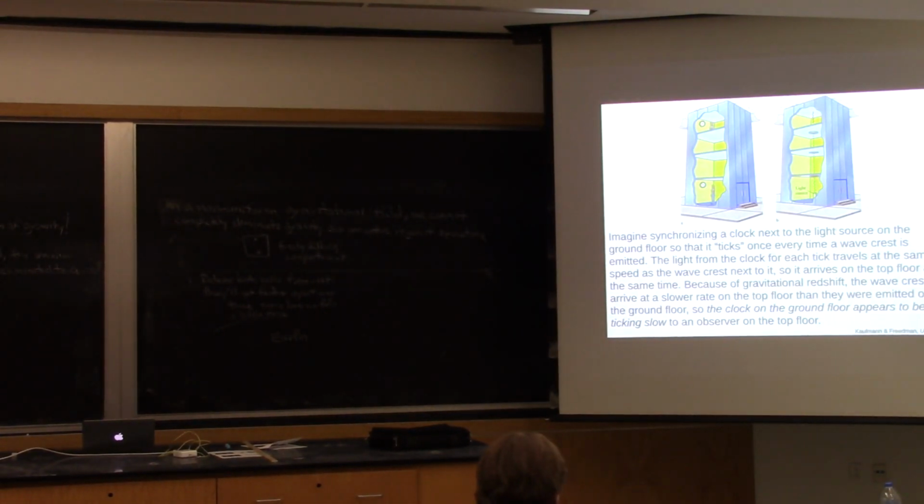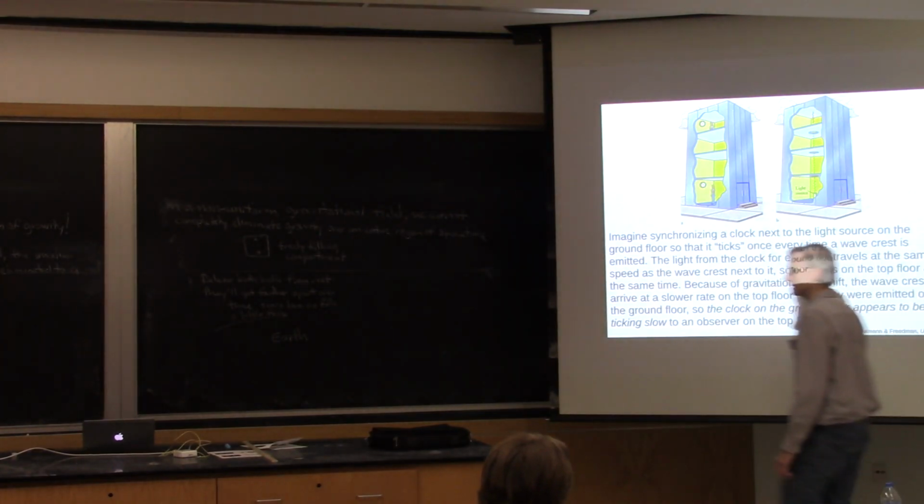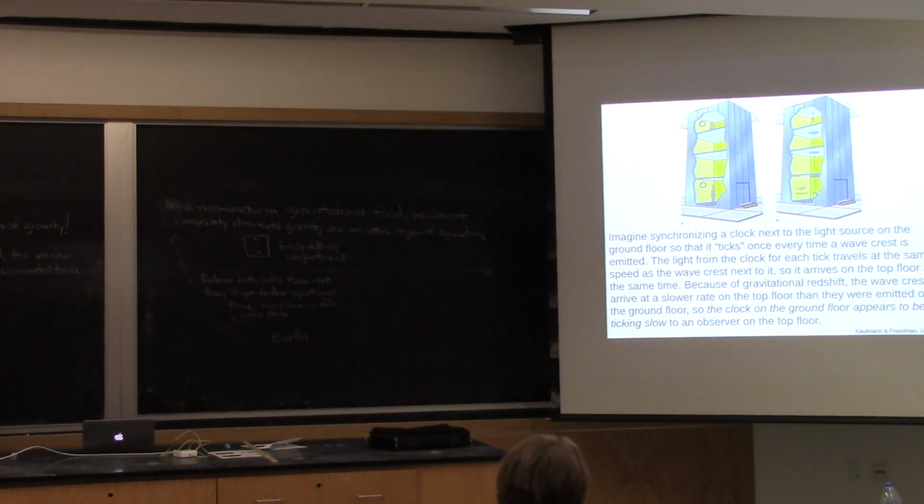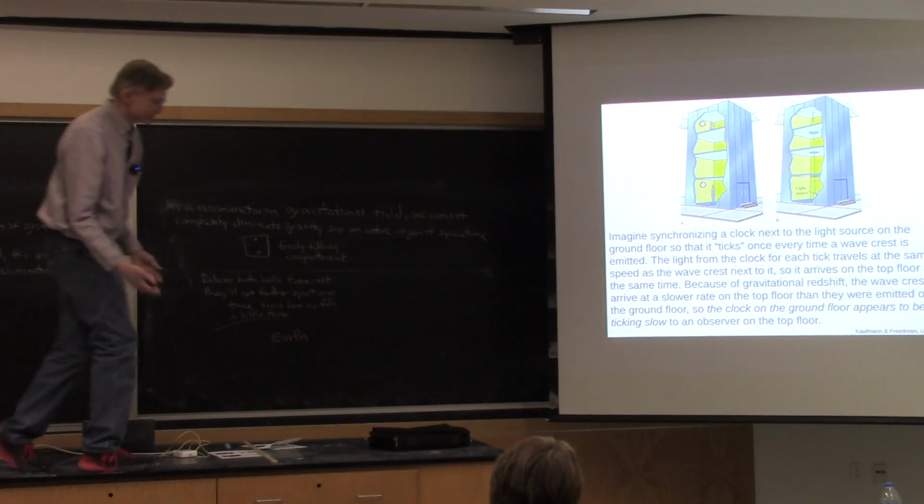Is this just an illusion? Does it only look like it's ticking slower, but it's not really ticking slower? And I'm going to argue that no, this must be real with another thought experiment that you could in principle actually do.